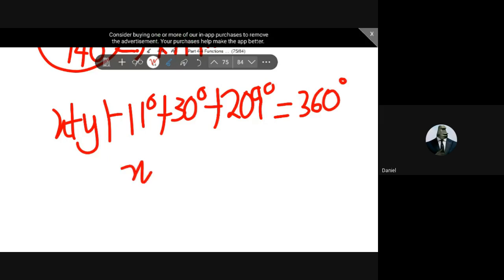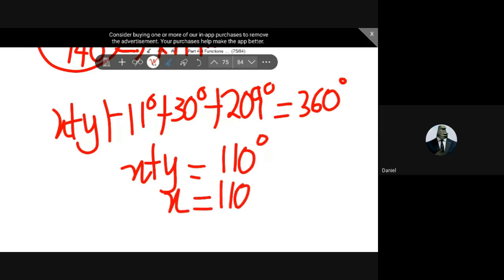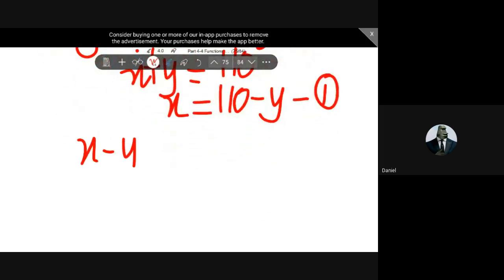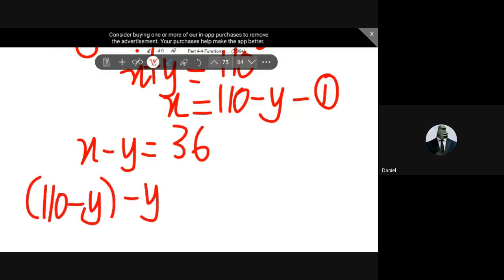So macam ni. For those who ask the X and Y thing, you will get macam ni. So X equals 110 tolak Y. Ini persamaan pertama kamu. Okay? And just now, X tolak Y sama dengan 36. So kamu gantikan kat sini. 110 minus Y equals 36.